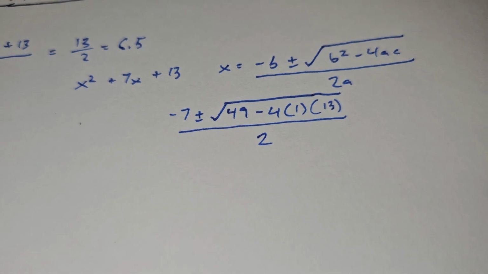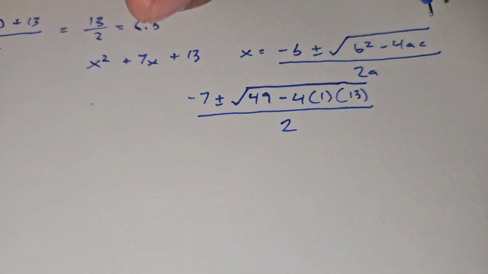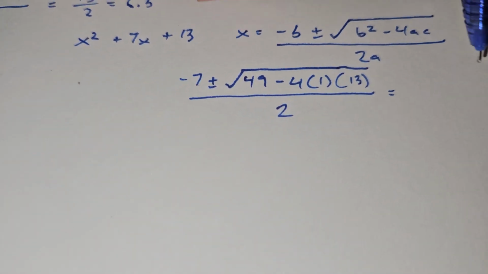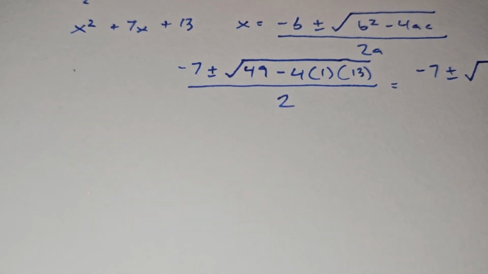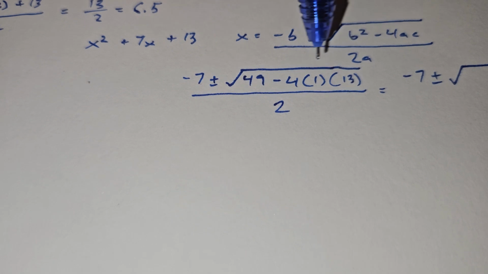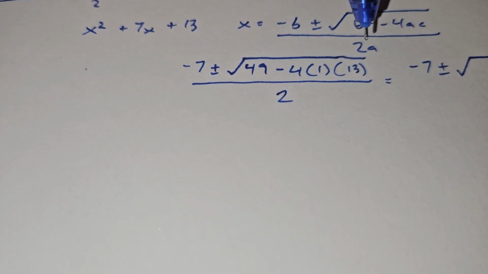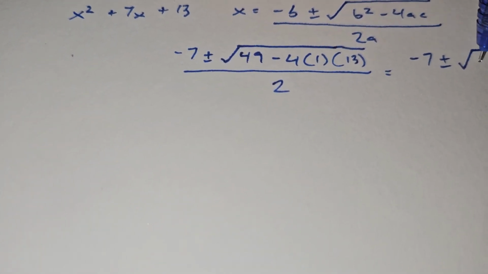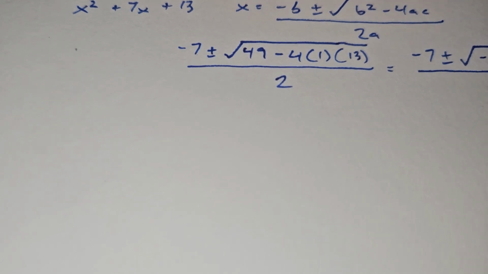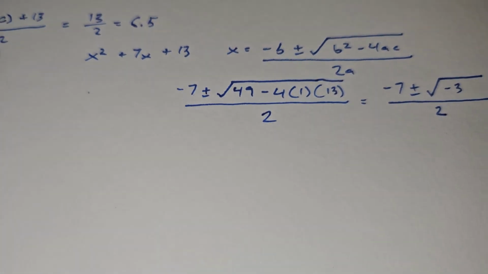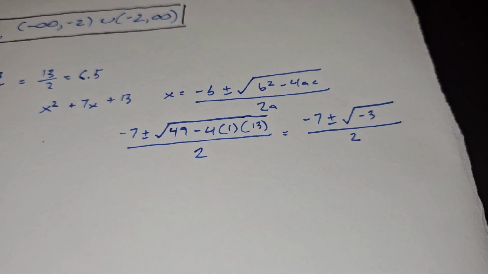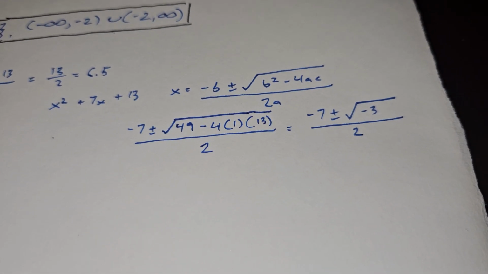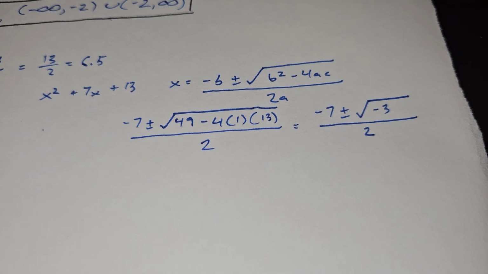All right, so let's go ahead and continue this. This is equal to -7 plus or minus the square root of, you put that into your calculator, you're going to get the square root of -3 over 2. But you see here that we have the square root of -3, something that we can't really have on the real coordinate plane.